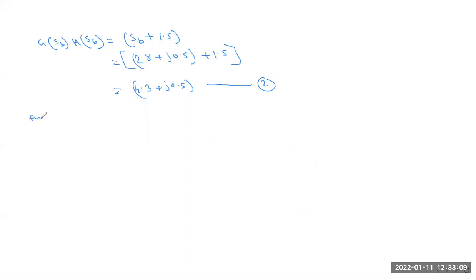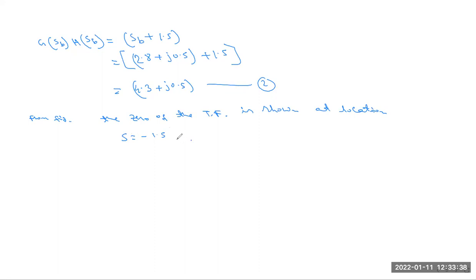So from here, the zero of the transfer function is shown at the location S equals minus 1.5.